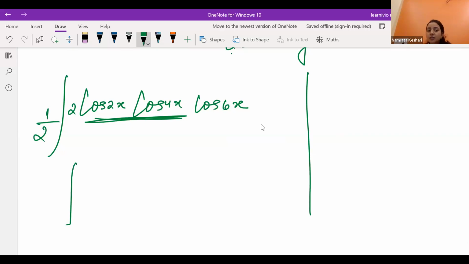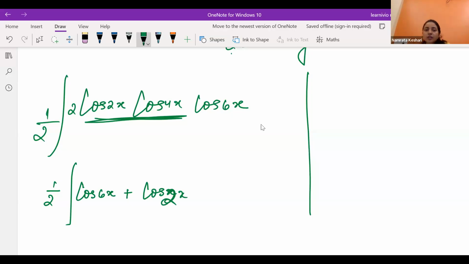Then what will we have, Annapurna? What was the formula? Cos x plus y plus cos x minus y. Exactly. So we'll have cos of x plus y, that means 6x, plus cos of x minus y, that means 2x. The negative sign will get absorbed by the cos, right?